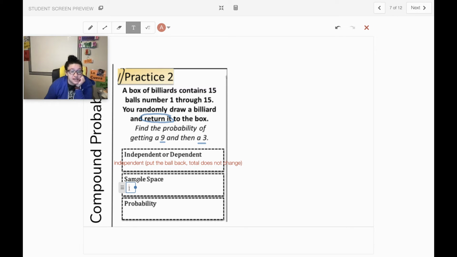So our sample space here, though, if we're doing it algebraically, because we have to find the probability of each, that means that we have those numbers 1 to 15. I still need to write out all my numbers because I have to find the probability of each. That's better.